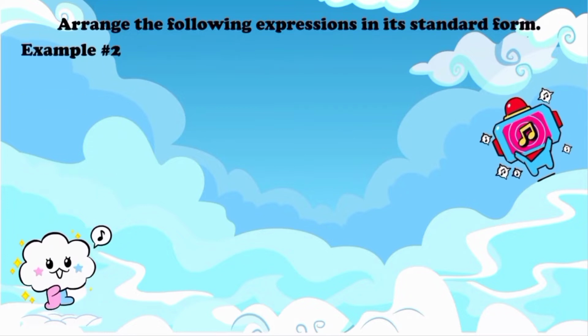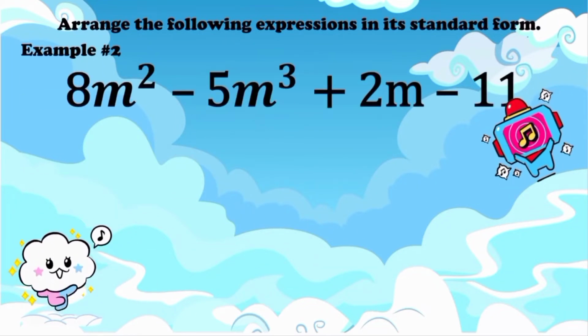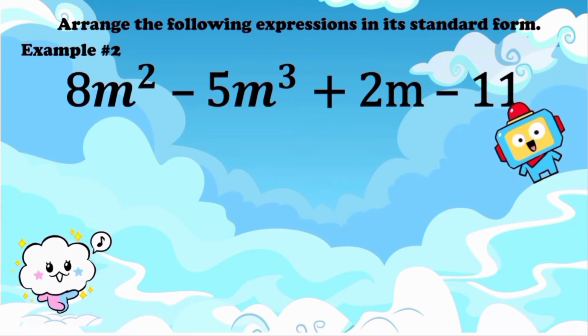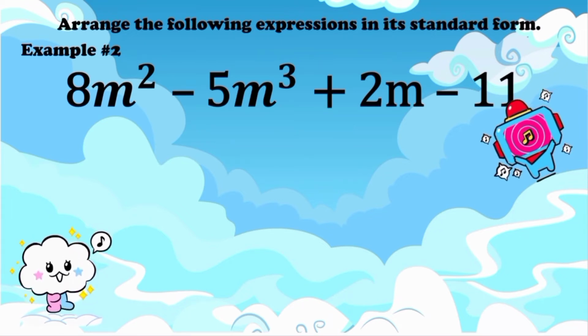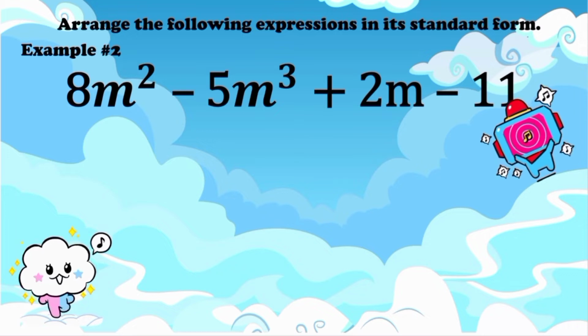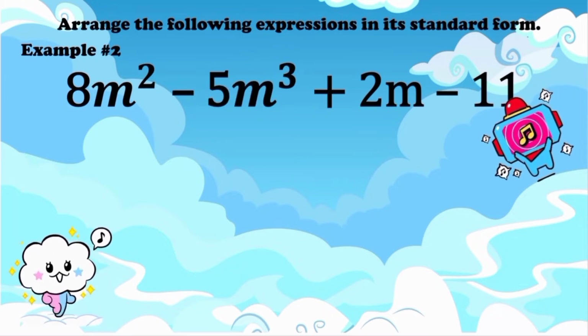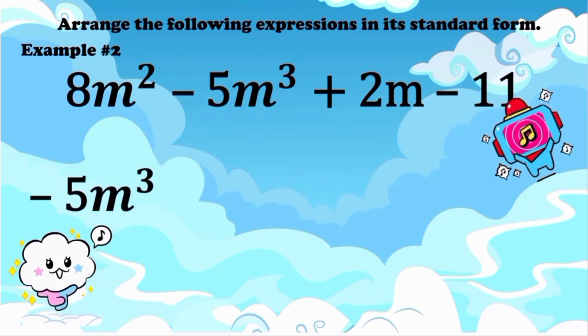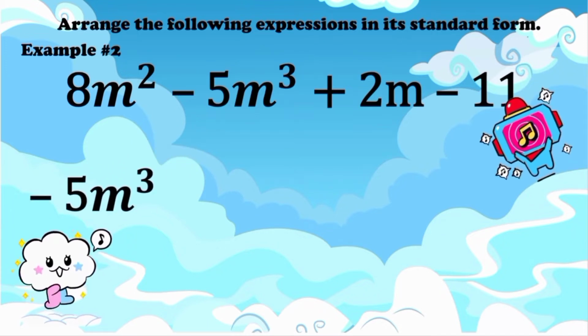Example number 2. We have 8m squared minus 5m cubed plus 2m minus 11. Now what is the highest degree of the term? What is our first term? Okay, correct. Negative 5m cubed. For our second term, we have 8m squared.